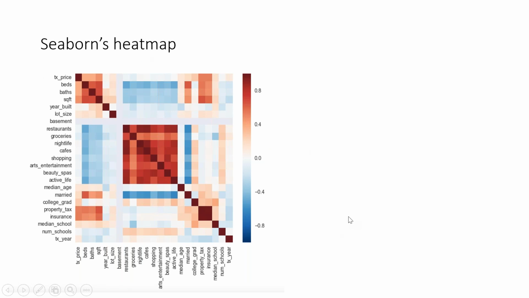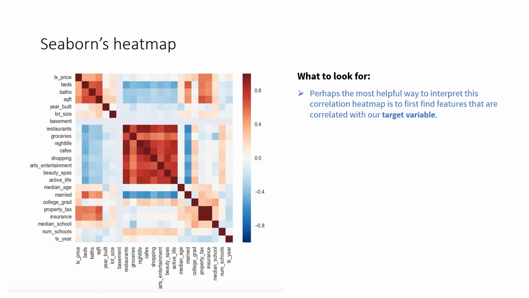First, look at the top one. Perhaps the most helpful way to interpret this correlation heat map is to first find features that are correlated with our target variable, that is our tx_price. Then first scan the left side to find the row with tx_price. So I'm scanning the left side, the row with the transaction price.